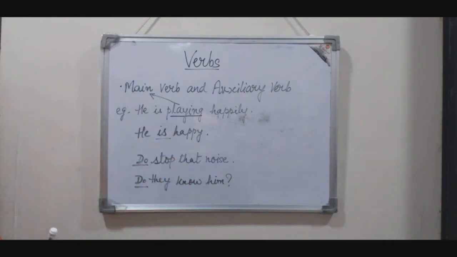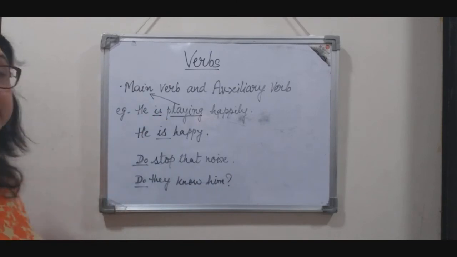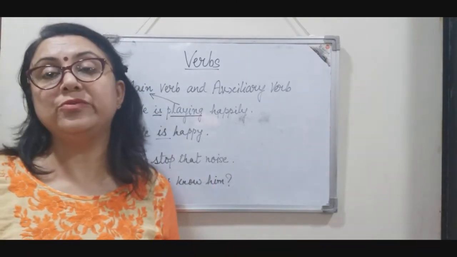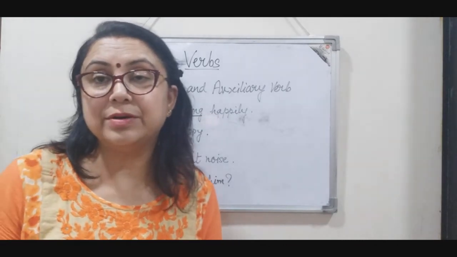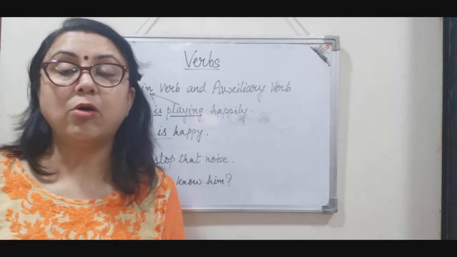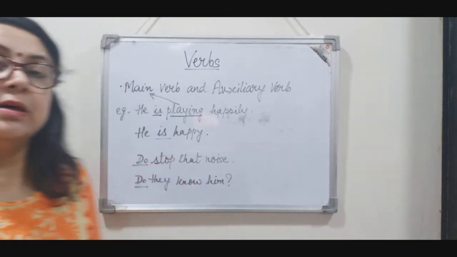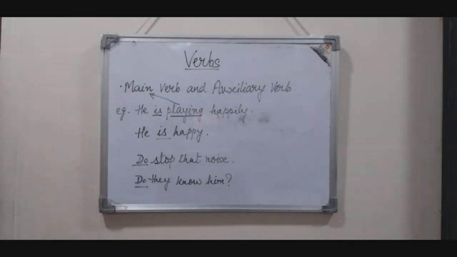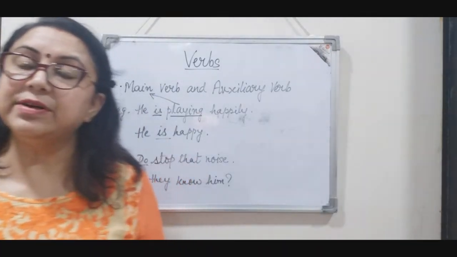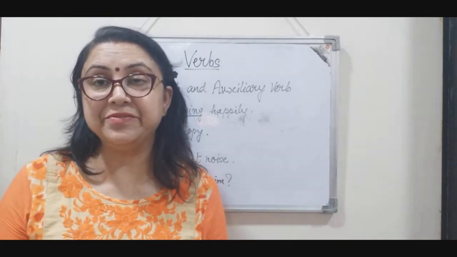So, the verb is helping the main verb. Since it is helping the main verb, therefore it is known as auxiliary or helping verb, right? Now, the next thing to understand is that an auxiliary verb can also be used as a main verb.